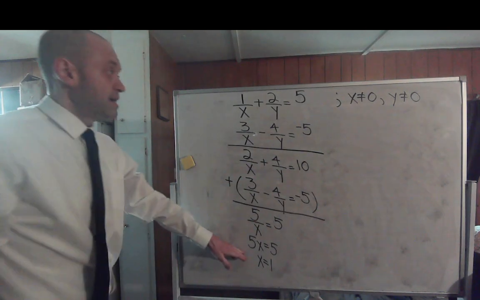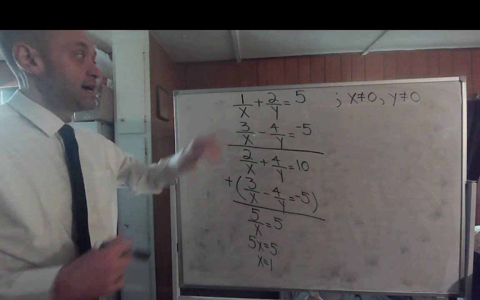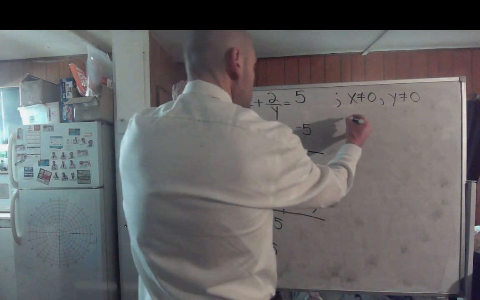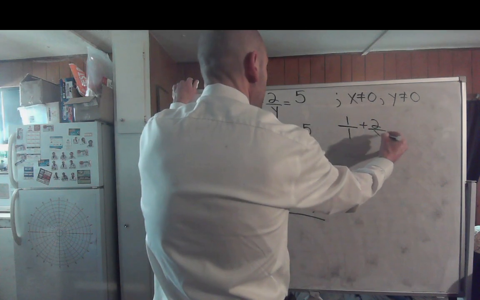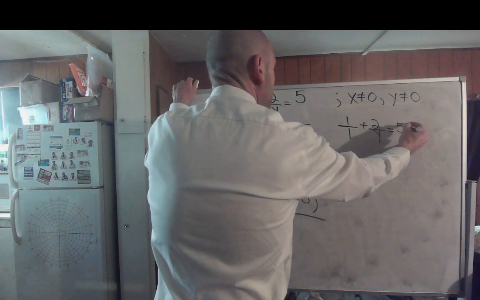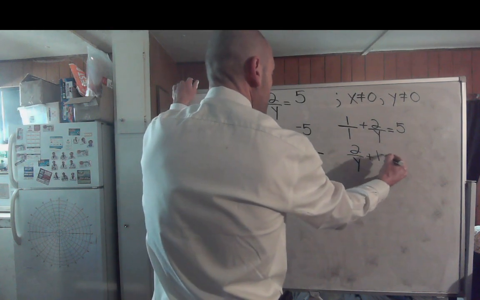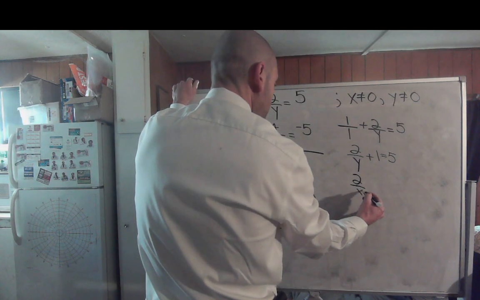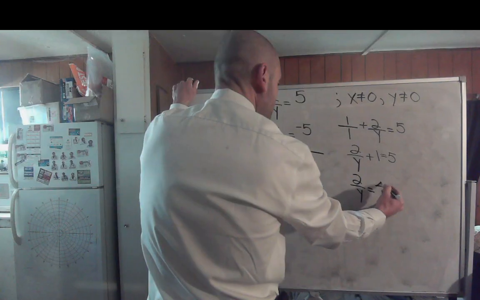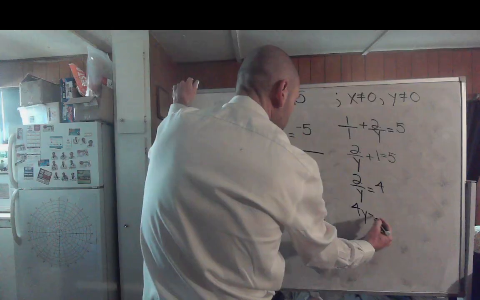Now just go ahead and put this into one of your original equations and solve for y. I'll pick the top one. So 1 over 1 plus 2 over y equals 5. So 2 over y plus 1 equals 5. 2 over y equals 4. 4y equals 2.